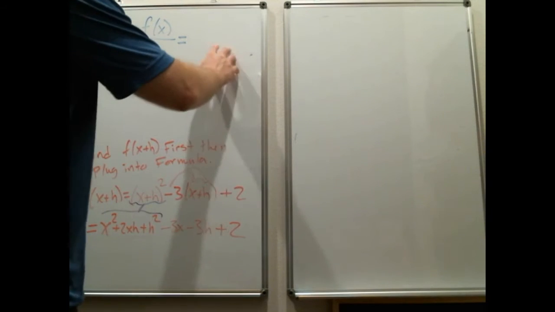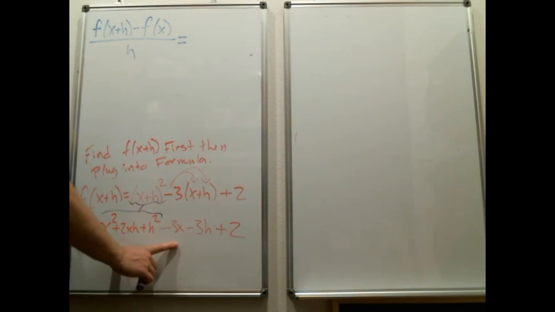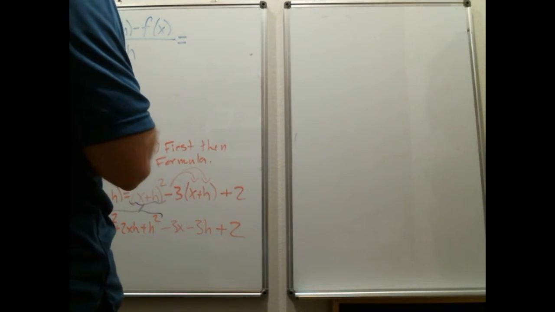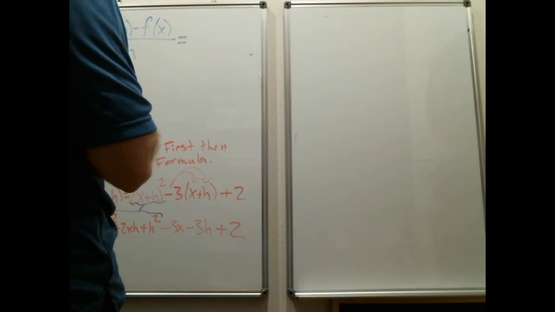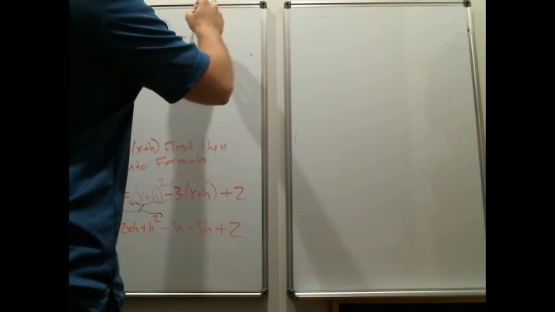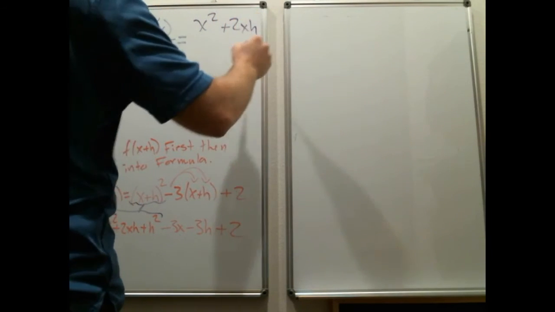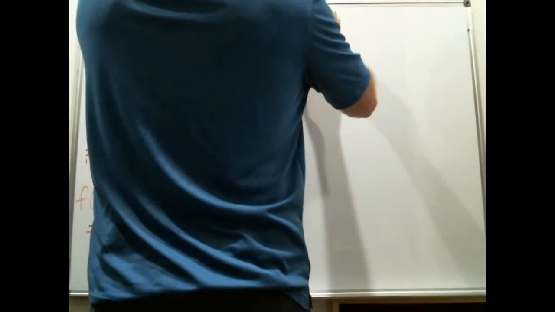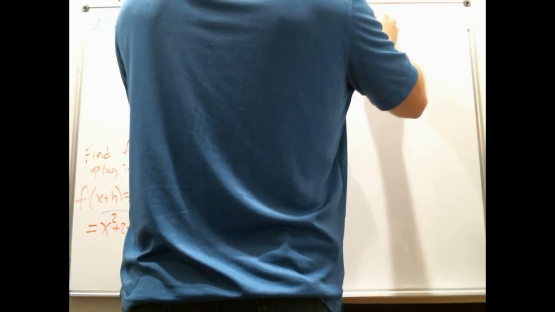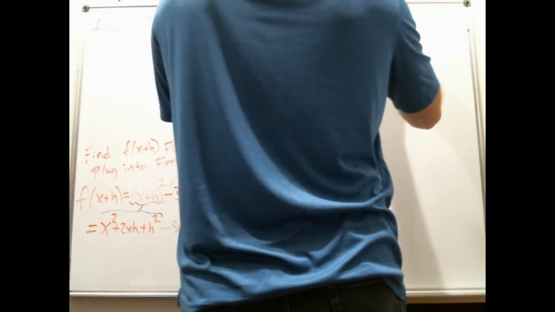So f of x plus h is this thing here. So I'm going to write that first. I'm going to have to just skip over the board. So x squared plus 2xh plus h squared minus 3x minus 3h plus 2.